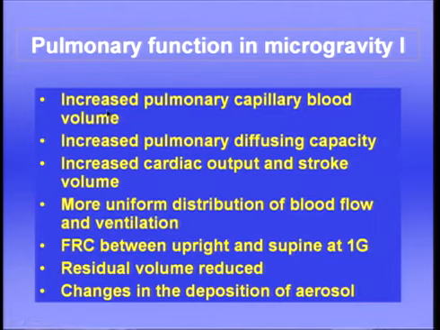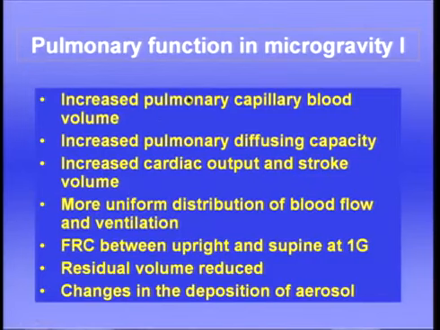Why is that? It's because under normal one-gravity conditions, blood tends to pool in the dependent parts of the body, the legs, as I'm standing here. Blood tends to pool there. When you go into microgravity, there's no pooling of blood caused by gravity. Blood tends to come back into the upper part of the body, and thoracic blood volume increases, pulmonary capillary blood volume increases.